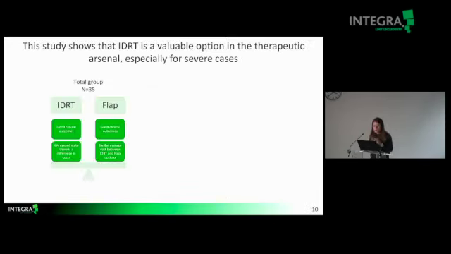So this is why in the total group analysis, as we have good clinical outcomes and ranges of costs that are pretty similar or with no statistically significant difference, we can conclude that idrt is an additional option and can be used, as you have seen in this center, as part of an algorithm and be used for a given patient in a given situation.